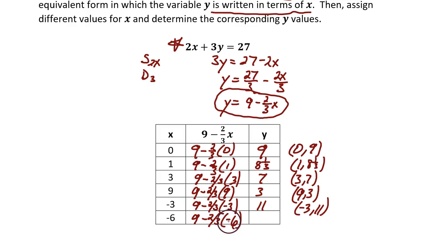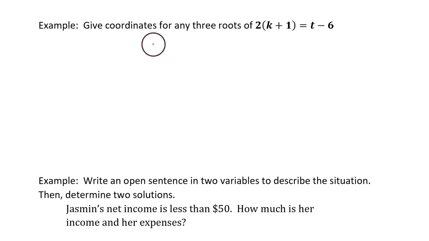Negative times negative is positive. 2/3 of 6 is 4. 9 plus 4 is 13. -6, 13 is a solution to the equation. These ordered pairs are 6 of the members of the solution set of the equation, but there are a lot more. Here's another example. Give coordinates for any 3 roots of this equation.